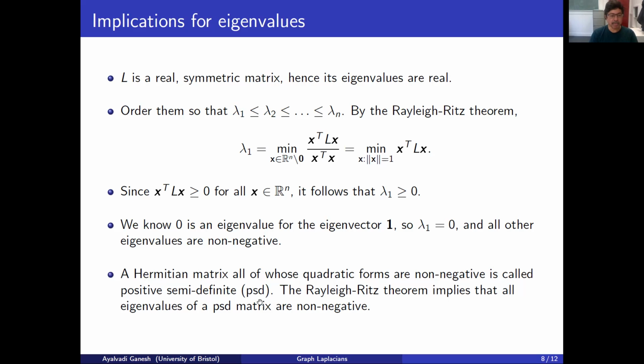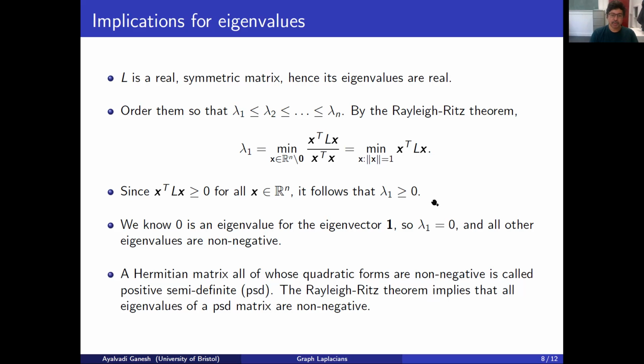You've almost certainly come across this term before. So what we have proved here is that the eigenvalues of a positive semi-definite matrix are non-negative. That's an immediate implication of the Rayleigh-Ritz theorem.